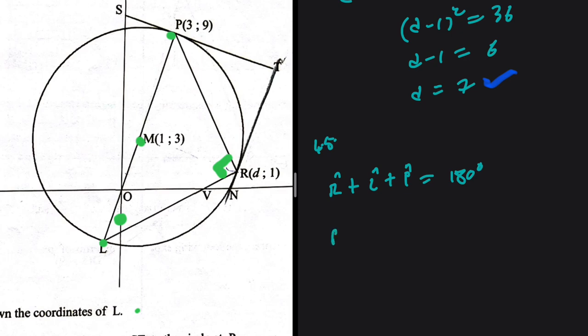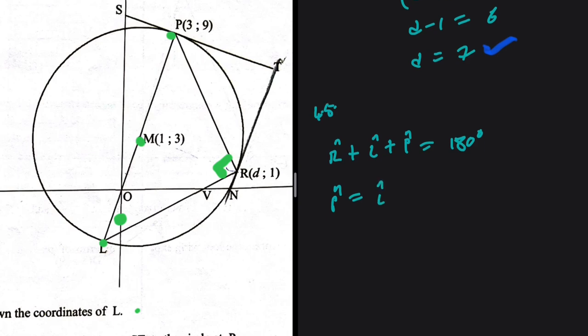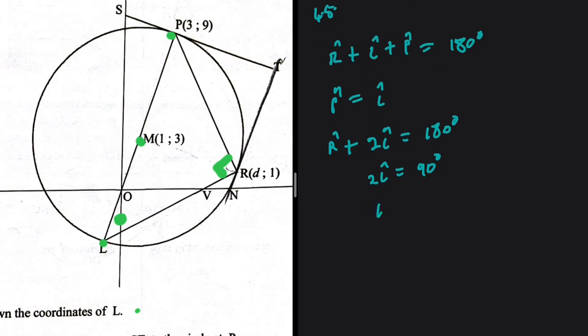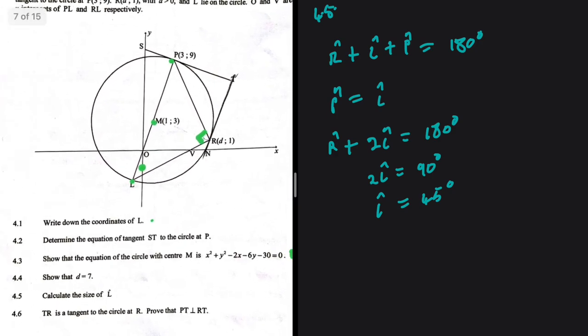But angle P should be equal to angle L, right? So by saying that, we can then say angle R plus 2 angle L is 180 degrees. But we know that R is 90, so we have 2L being equal to 180 minus 90, which is 90. So angle L should be 45 degrees. That is 4.5. Okay, and then let's carry on.